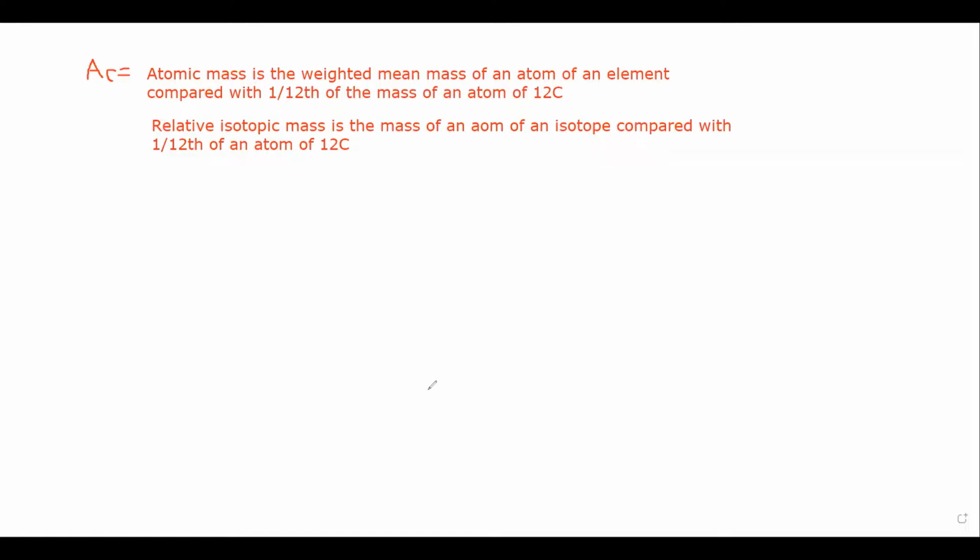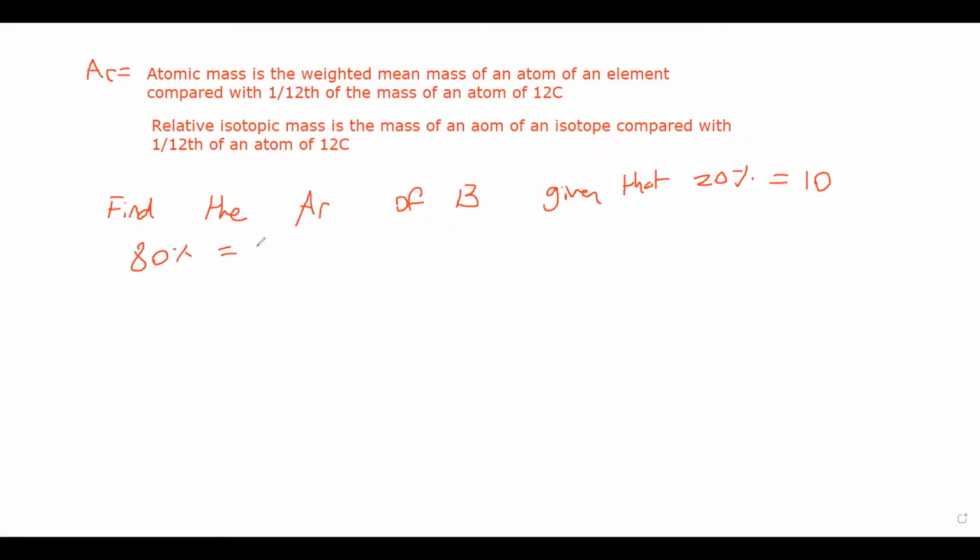So here we're told that we need to find the relative atomic mass, so our AR, of boron, given that 20% of that boron is equal to 10 as an atomic mass, and 80% of that boron is equal to 11 as an atomic mass. So we have 2 isotopes then.